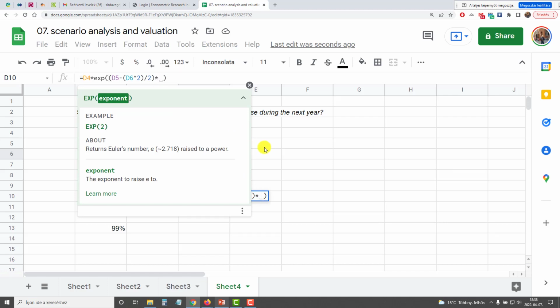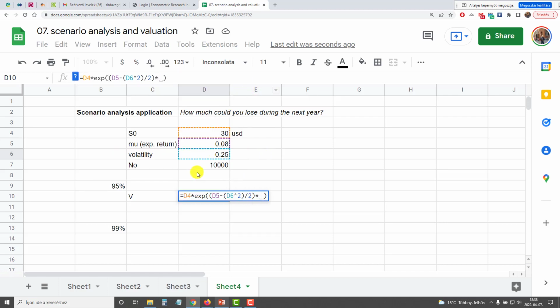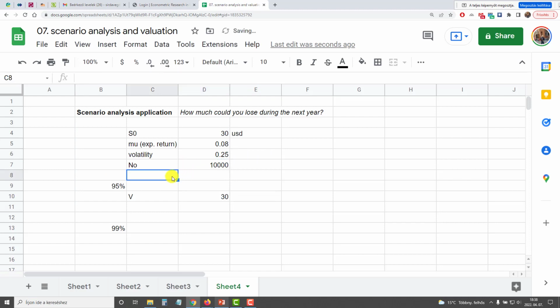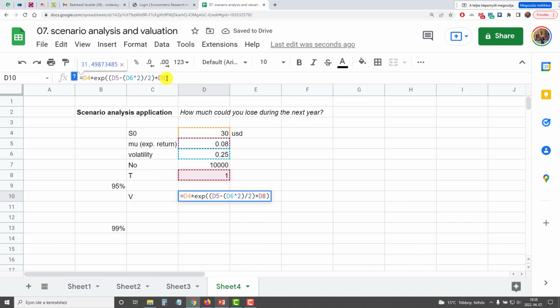So multiplied with this number here, during next year, so it's supposed to be there, just forgotten.